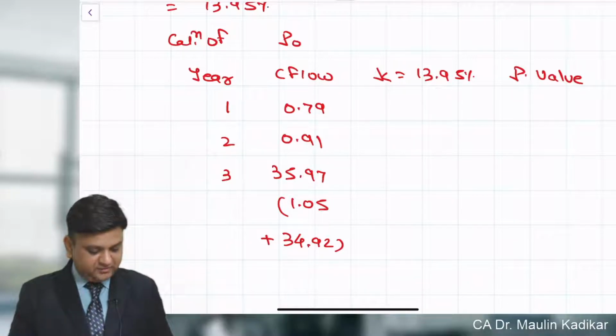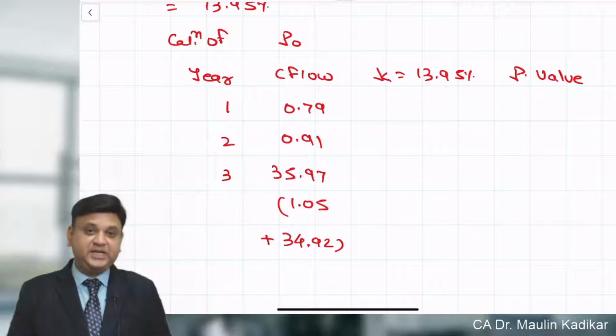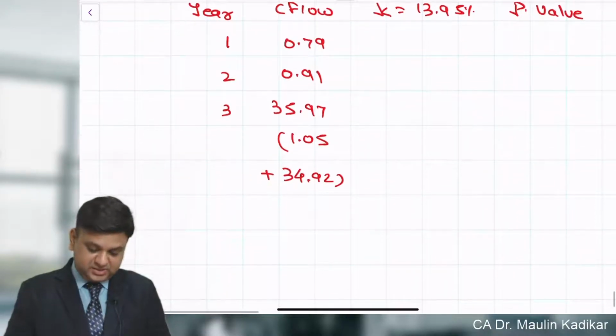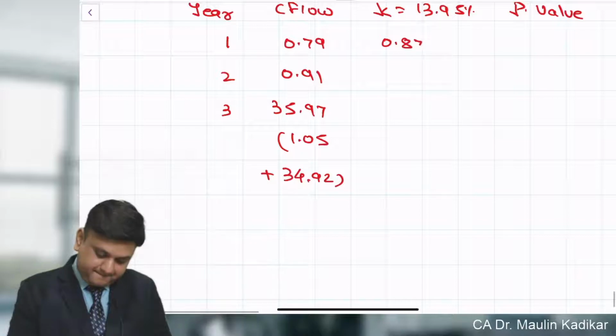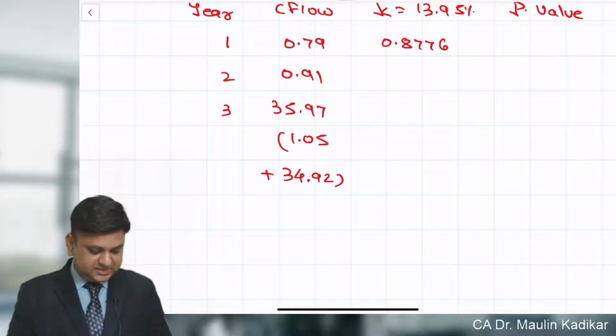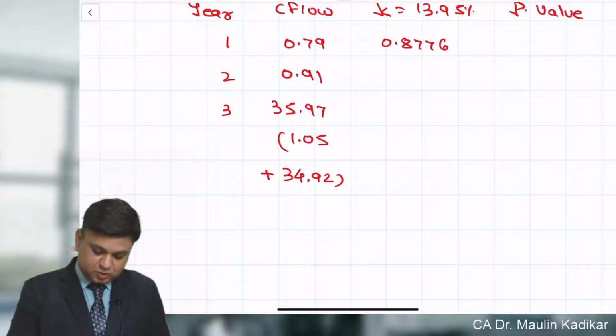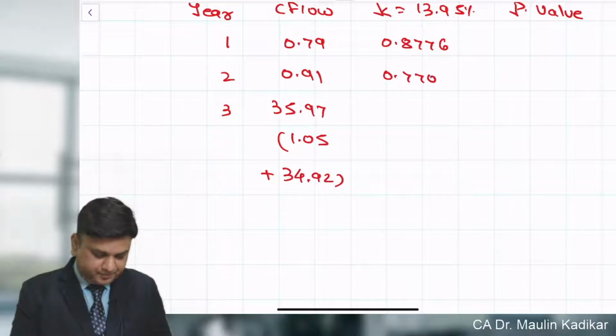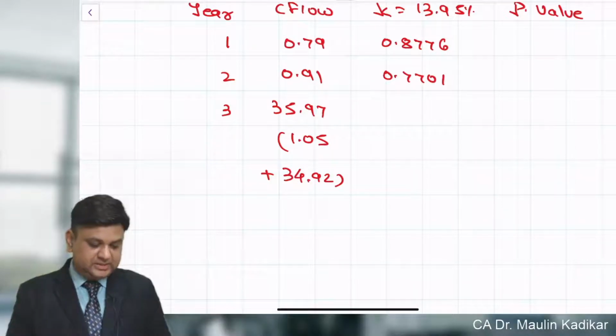It is discounted at the rate of 13.95%. So 1 divided by 1.1395. First year it is 0.8776. Second year it is 0.7701. Then 0.6759.